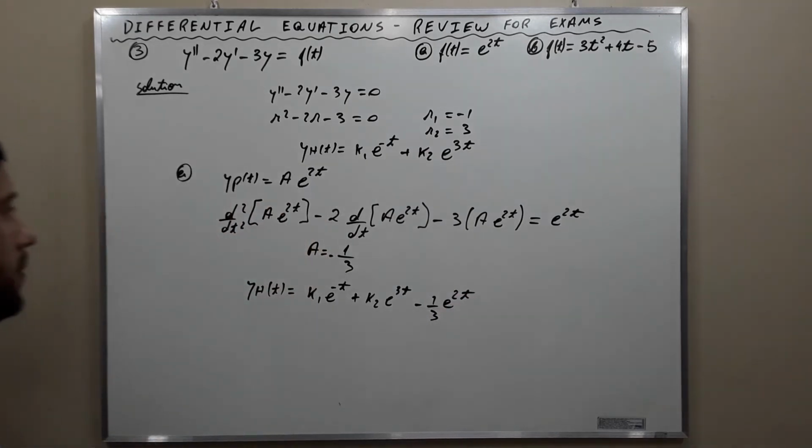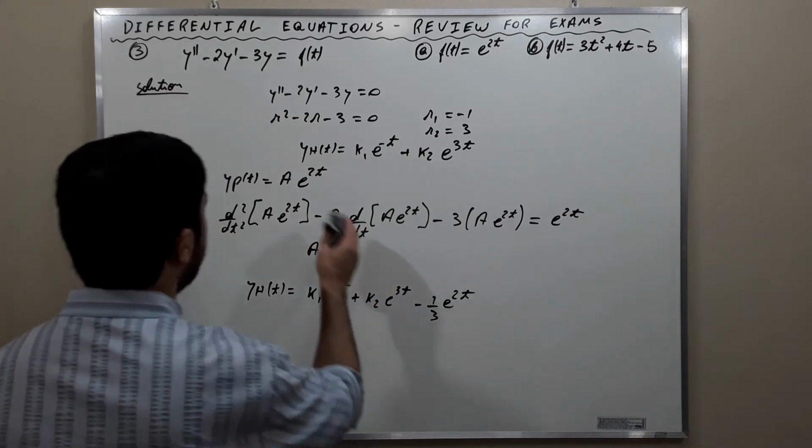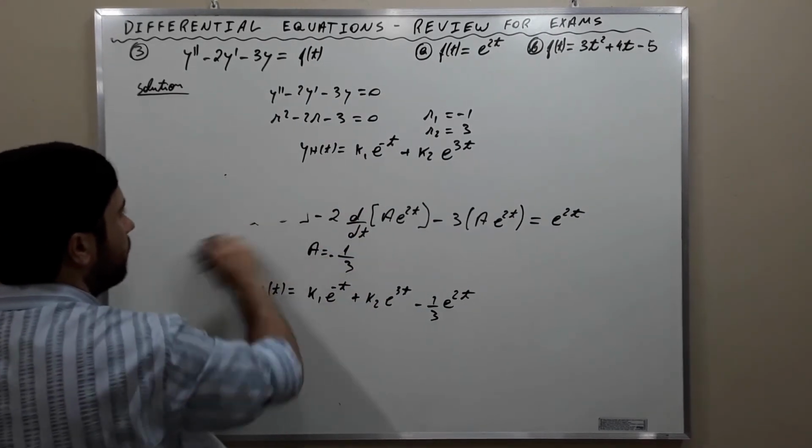Okay, this is the general solution in the case f of t, the forcing term, is equal to e to the 2t. Now let's do the same for letter B, okay? It is not going to be hard, it is going to be as easy as letter A.